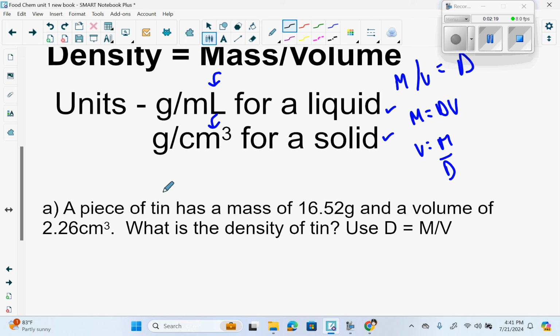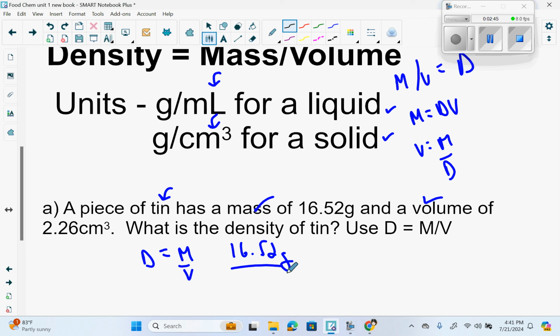Like, why do we need density? So a piece of tin, and tin is often used in cans, like in the canning process, has a mass of 16.52 grams and a volume of 2.26 centimeters cubed. What is the density of the tin? So D equals M over V, which I gave you here. The mass, right? 16.52 grams.